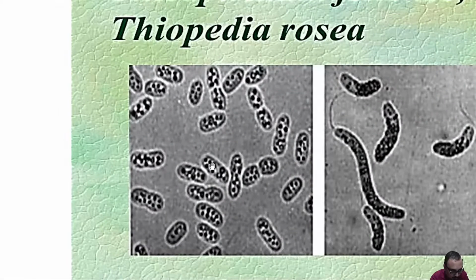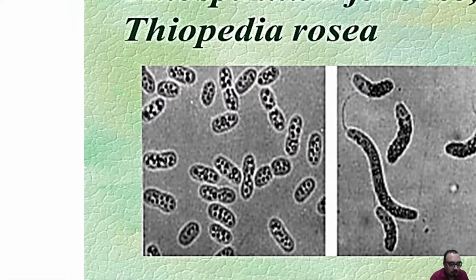See the black dots which appear here, are basically globules of the sulfur, and the sulfur is eventually oxidized to sulfate. Some strains can also grow organotrophically, and most species are anaerobic and cannot grow in the dark even under microaerophilic conditions.